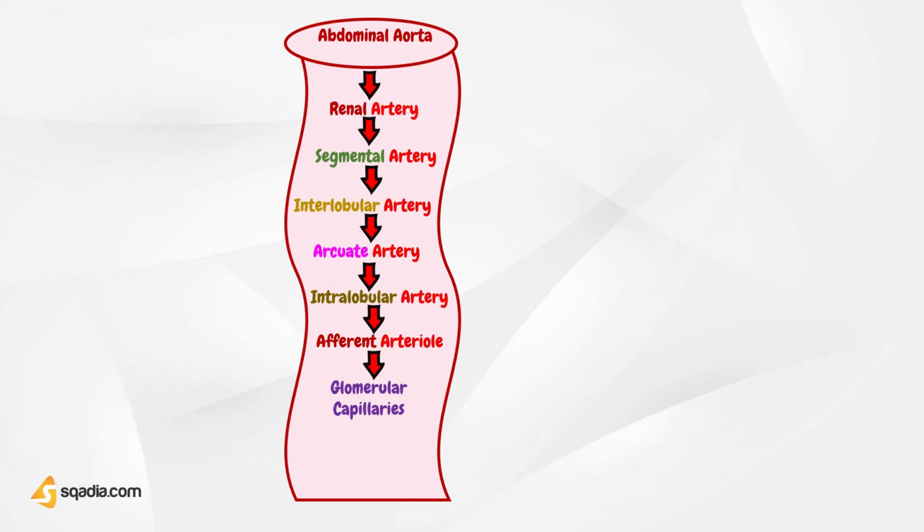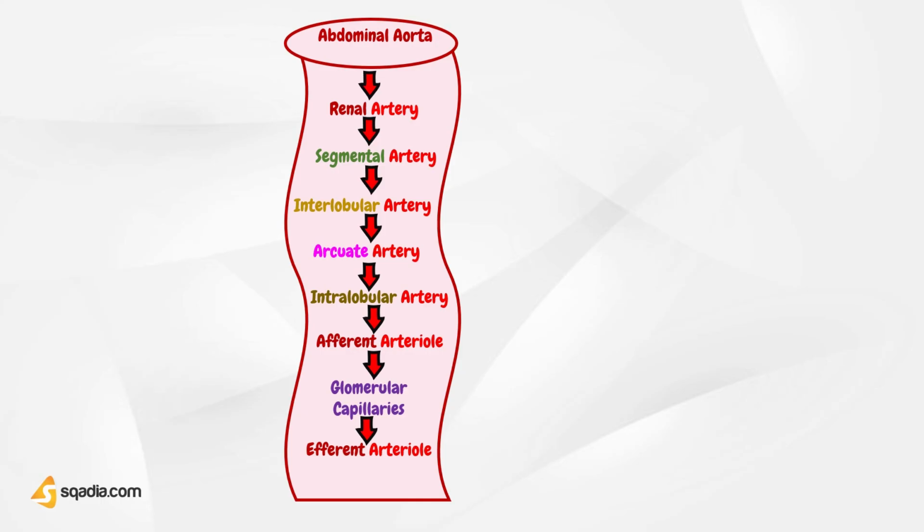After entering the Bowman capsule, the afferent arteriole divides into 4 or 5 large capillaries. Each large capillary divides into small glomerular capillaries, which form the loops, and the capillary loops unite to form the efferent arteriole, which leaves the Bowman capsule.